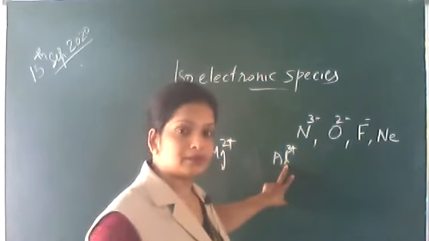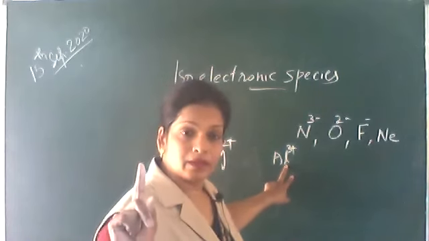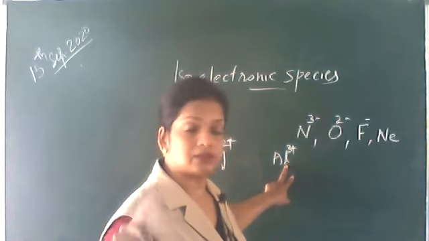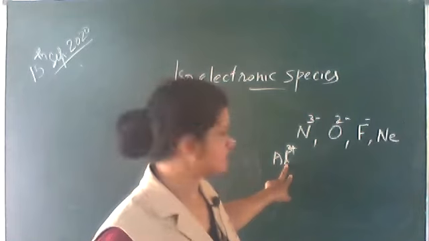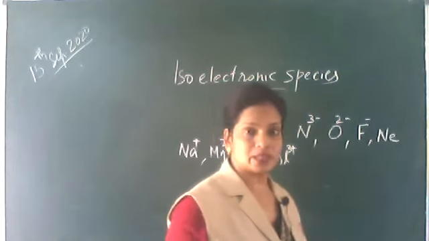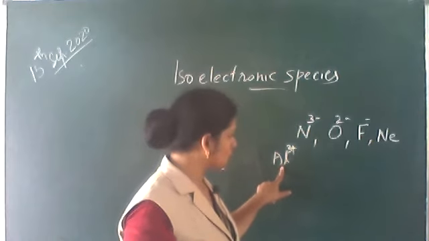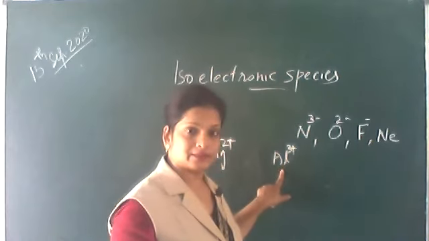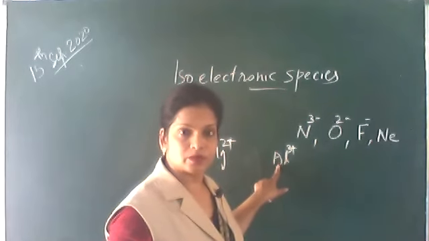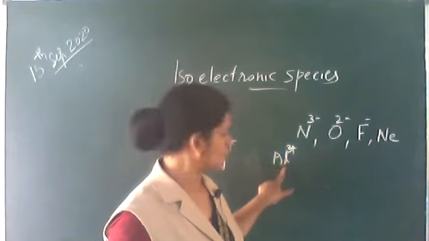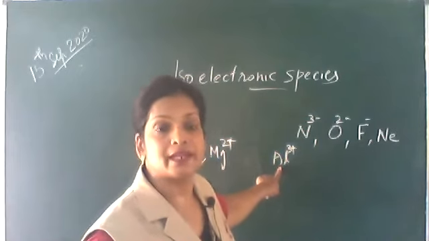Al3 plus, the last shell's 3 electrons gone, so it also has only 2 shells. Here 13 protons, the atomic number is 13, inside the nucleus, will be effectively pulling 10 electrons, 10 negative charges, easily.